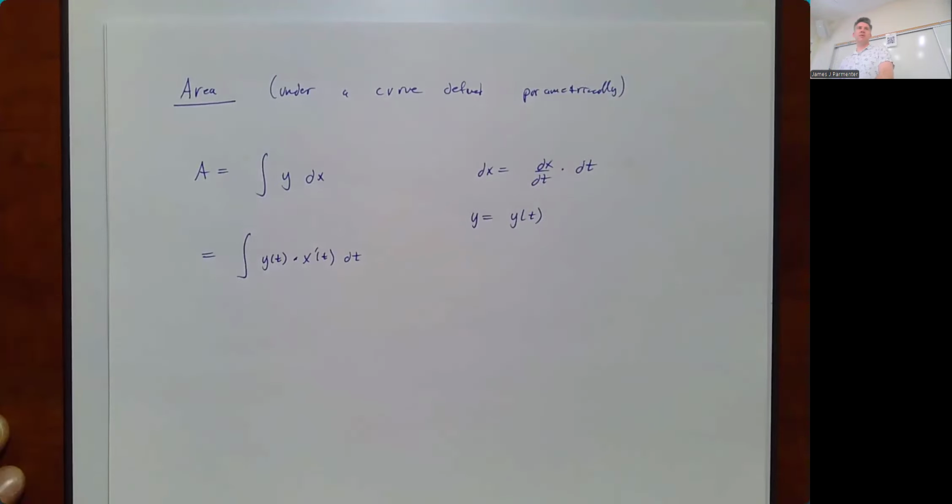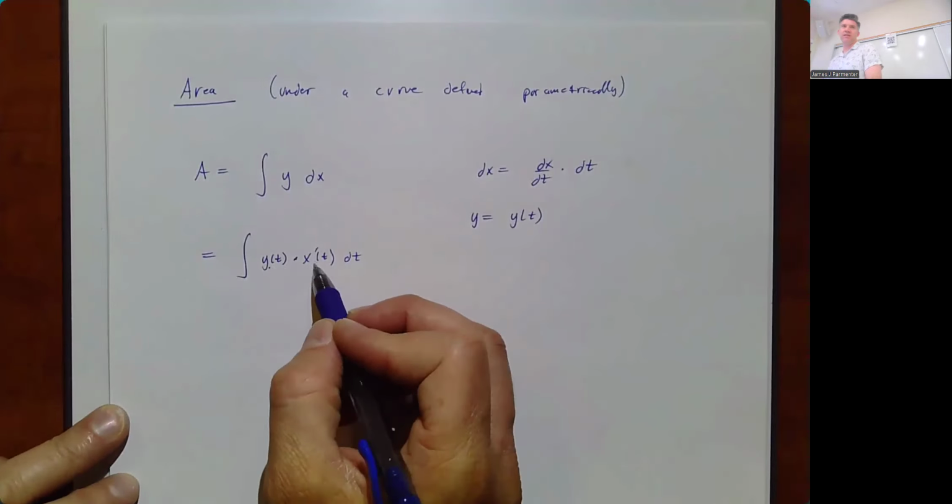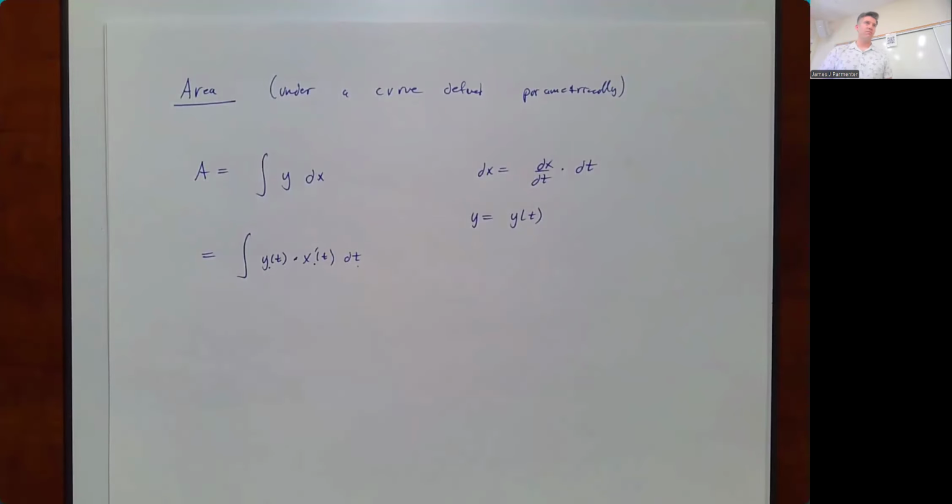Some books do a thing where they say y is equal to f of t and x is equal to g of t, and then they say this is f of t times g prime of t dt. It seems unnecessary to me.